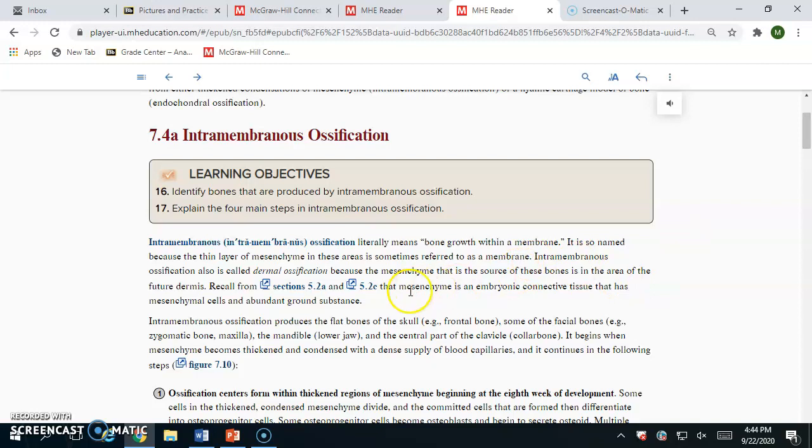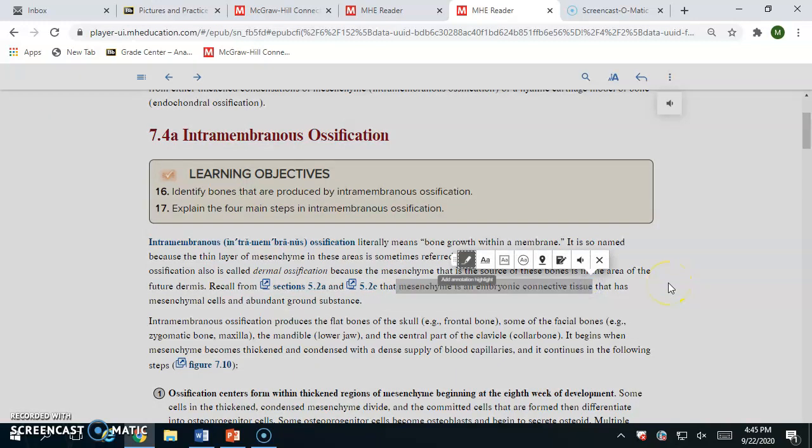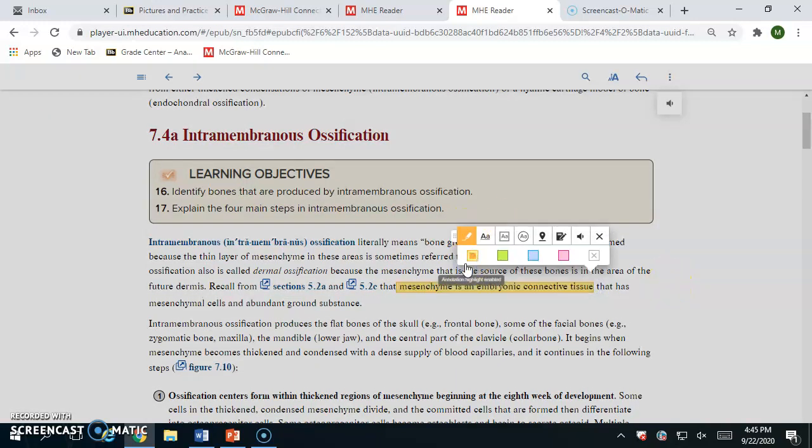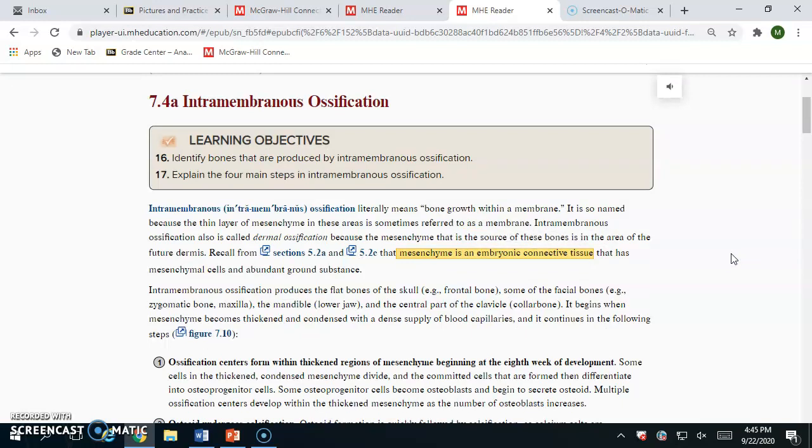So the mesenchyme is the tissue that is in place for a few of our bones, which we'll talk about in the next paragraph. Our bones will start to form and have that particular shape, but initially they're all made up of this mesenchyme, which is a very early embryonic connective tissue.